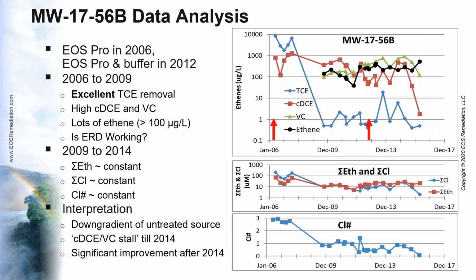Now sites where you have carbon tet or chloroform, chloroform particularly can be inhibitory to some of the bugs that degrade chloroethanes, and that certainly can be a challenge. Methylene chloride has not normally been a problem for us, but I honestly don't know that I've worked on more than one site that had significant methylene chloride.